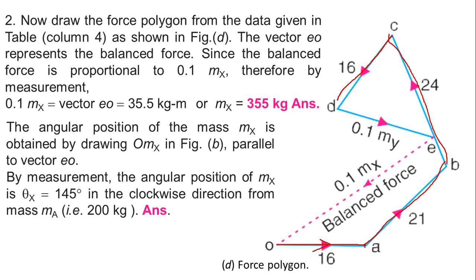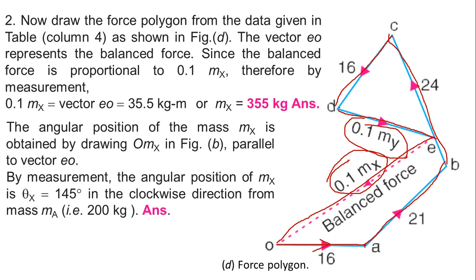Then C to D, it is 16. And then D to E, it is 0.1 into my. So my is already known to you now. So that 0.1 my you can take here, and the remaining one will be nothing but the balance force. So this remaining part will be 0.1 into mx.